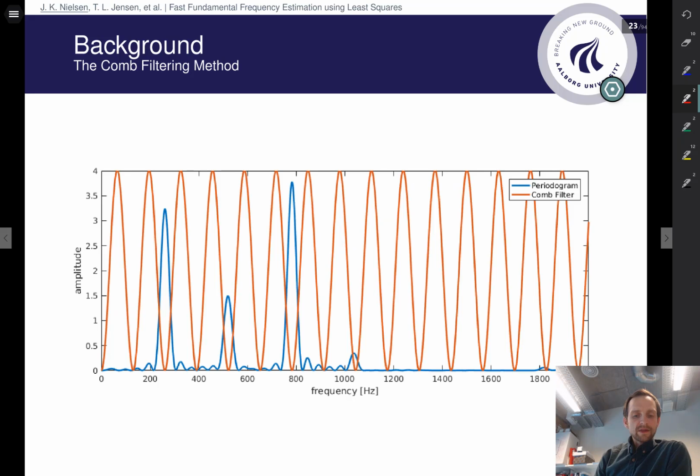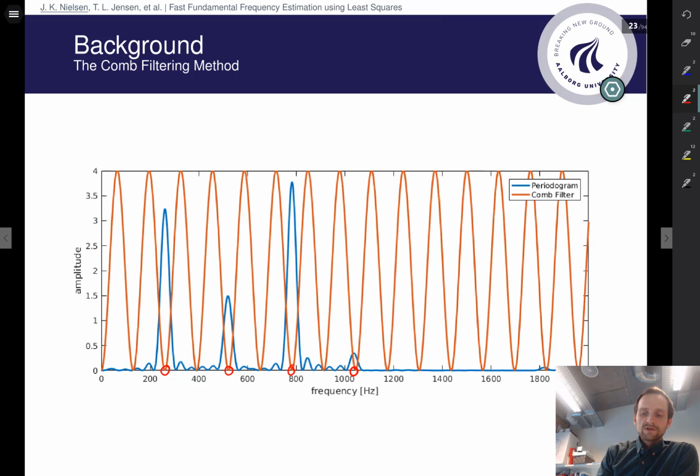The reason why you get this value that is nearly as good as this value here is that if you double the period, then you get twice as many combs. You can see that we still filter out the energy in the input signal, but you have additional nulls.